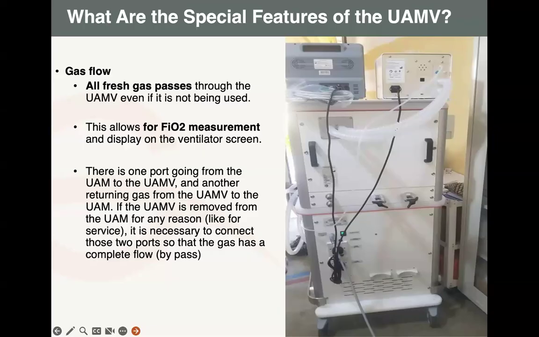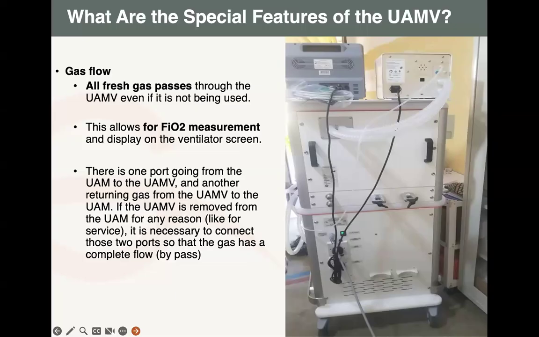It doesn't mean that the UAM will not work. In this case, you disconnect your UMV and continue with your anesthesia. But remember, you are going to operate with your switch on the bellow side, and that will only be manual ventilation you are giving.